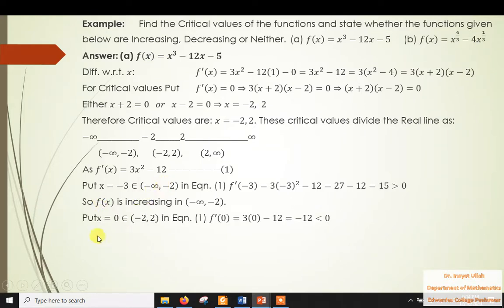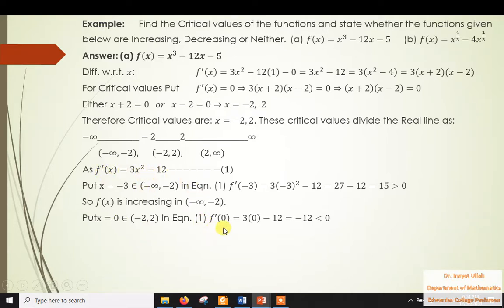Similarly, take x equal to 0. We have taken this interval, 0 is included here. You can take 1 as well, but 0 is the simple one. Take x equal to 0, which belongs to this second interval, and put this x equal to 0 in equation number 1, the derivative of the function.